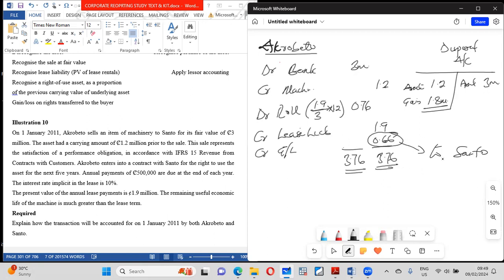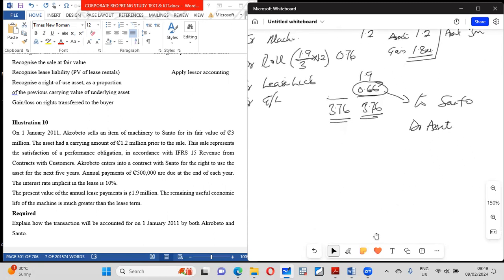So in Santo's book, he will also debit an asset at the initial stage, 3 million, because he paid 3 million. And Santo will give out cash also of 3 million. That is that.